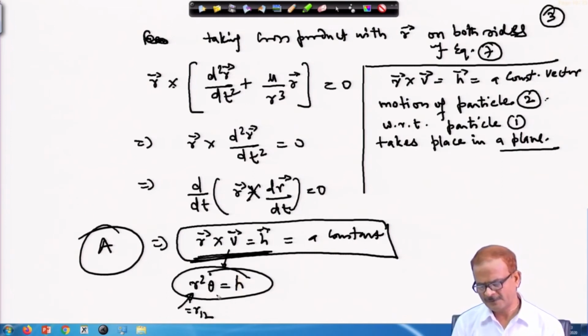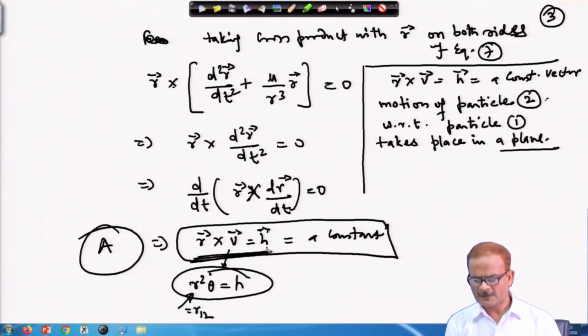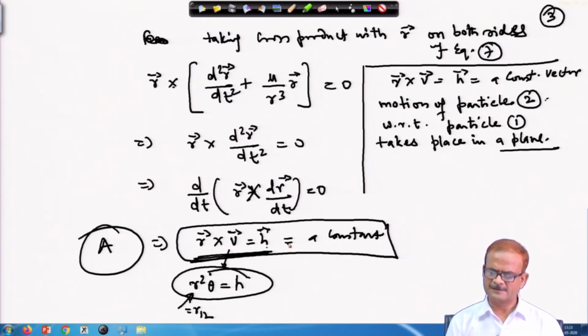So, this appears as angular momentum of particle 2 as if particle 1 is at rest, because we are taking it in the relative sense.